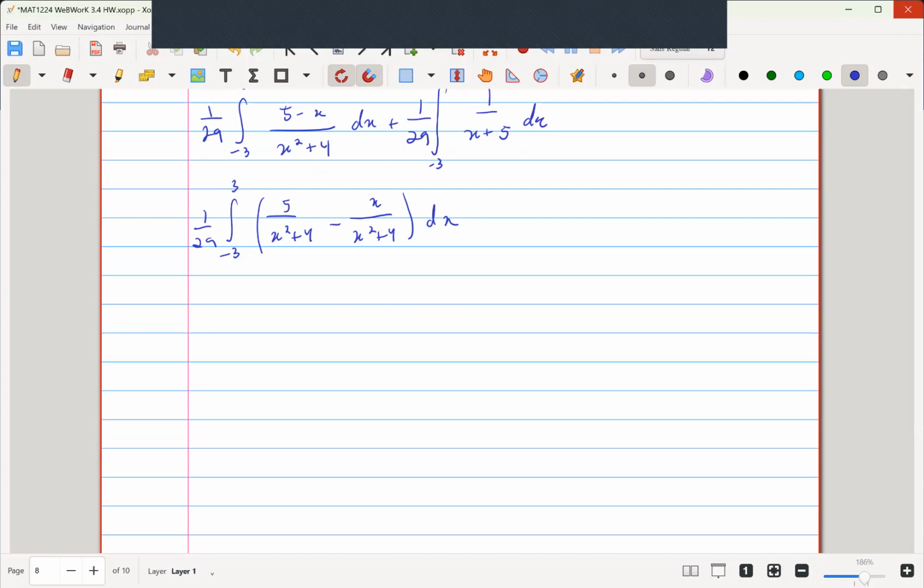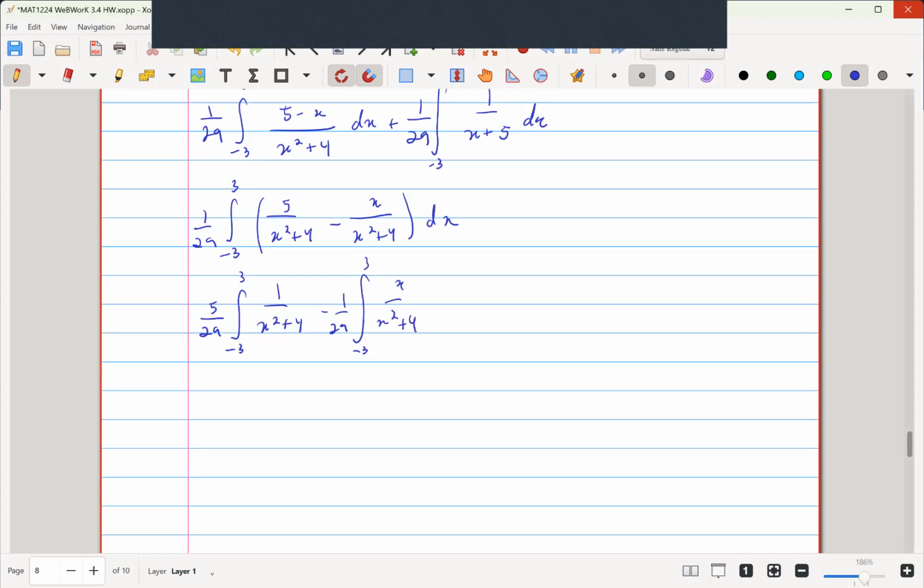Now we can factor out again and do another integral where we have 5 over 29, -3 to 3, 1 over x squared plus 4, and then minus 1 over 29, -3 to 3, x over x squared plus 4.